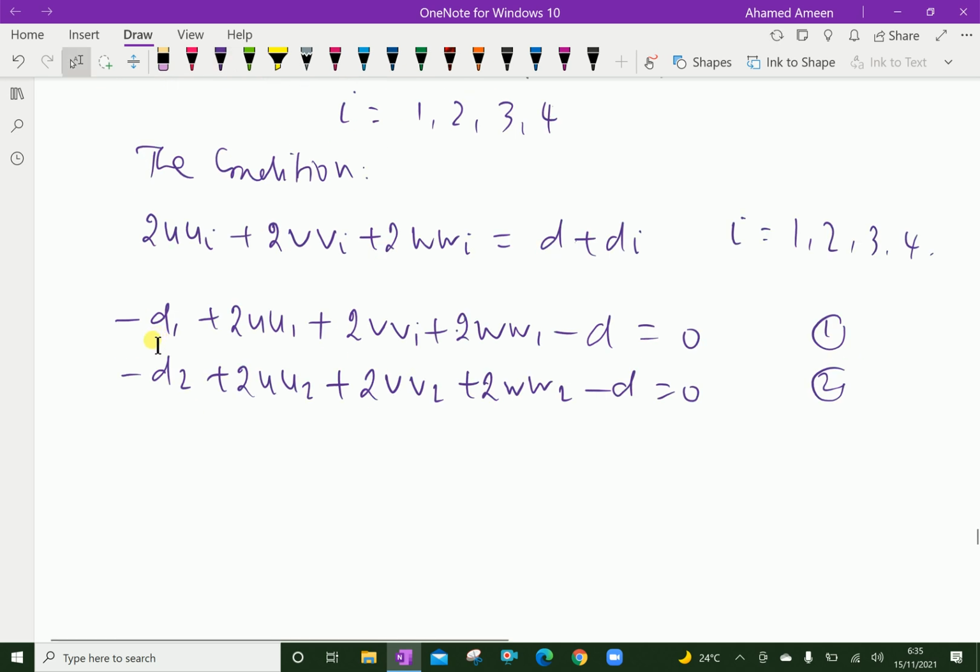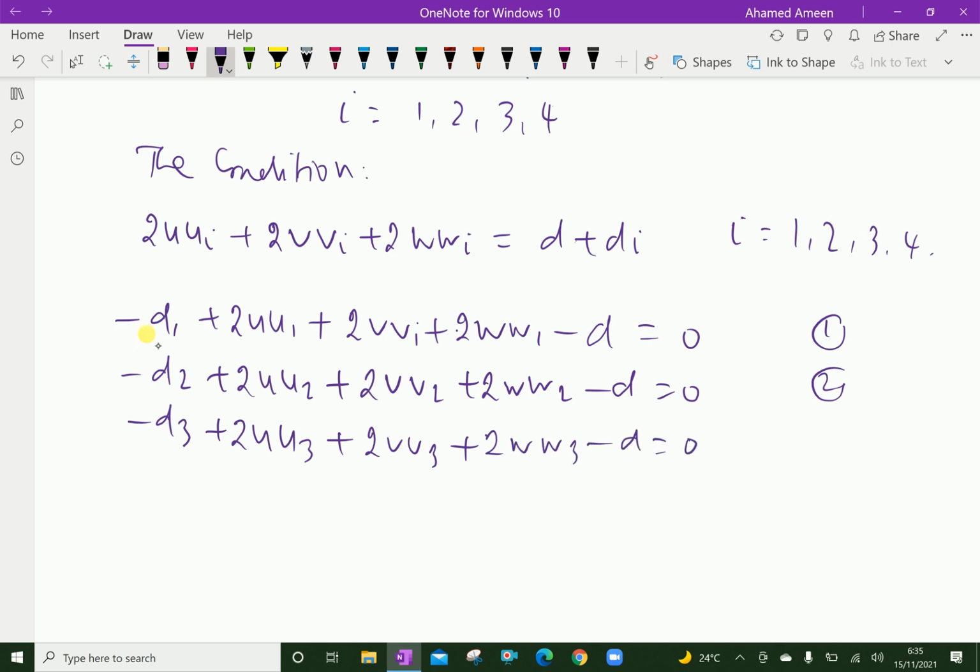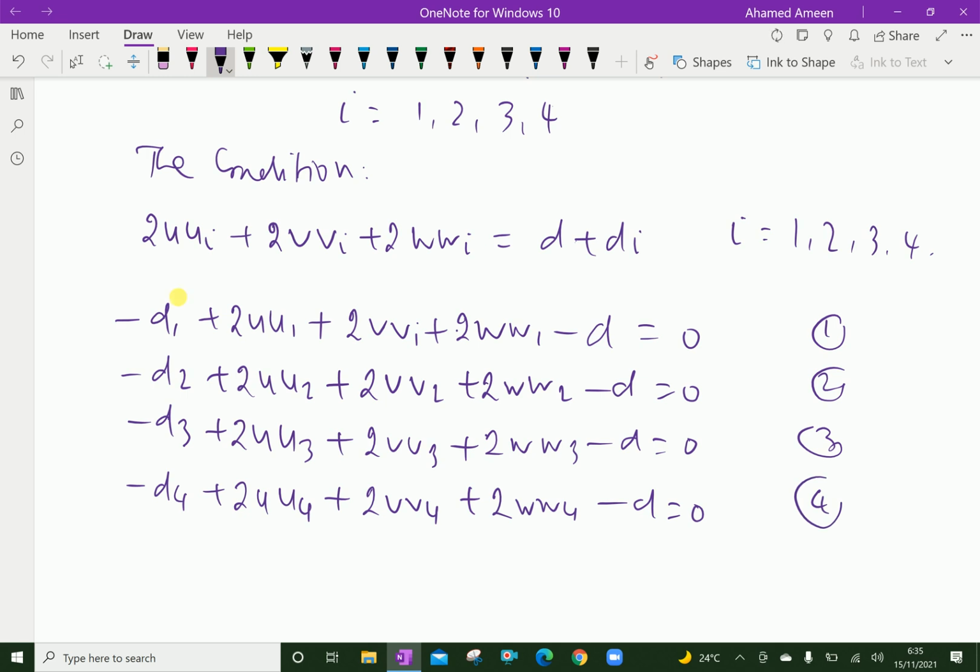Like third, minus d3 plus 2u u3 plus 2v v3 plus 2w w3 minus d equal to 0. Like fourth one, minus d4 plus 2u u4 plus 2v v4 plus 2w w4 minus d equal to 0, equation 4.